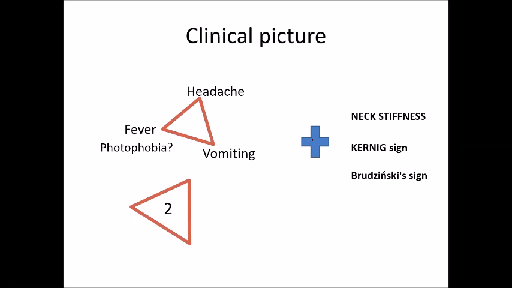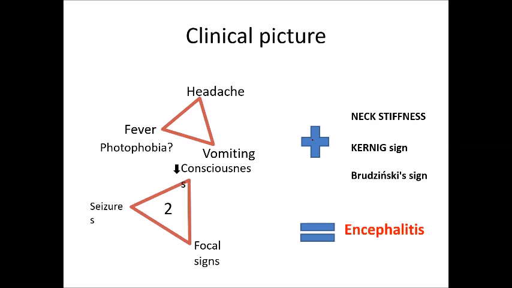Sometimes if you see two of decreased consciousness, seizures, and focal neurological signs, then you will think of the possibility of having encephalitis. So you see, this was encephalitis because we had fever, headache, vomiting, photophobia, and neck stiffness, and we had signs of meningitis on top of those.